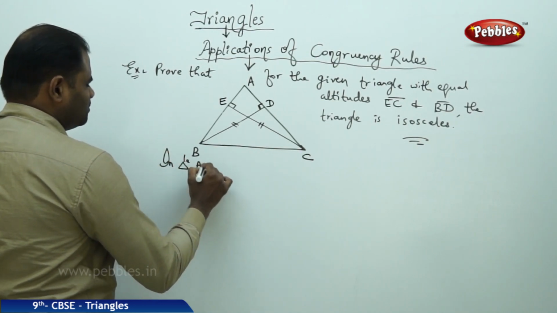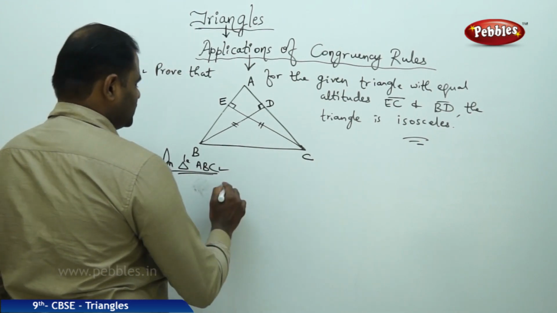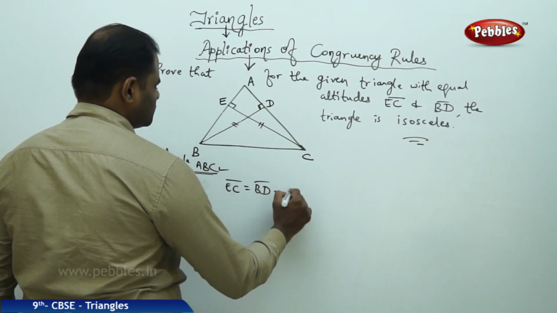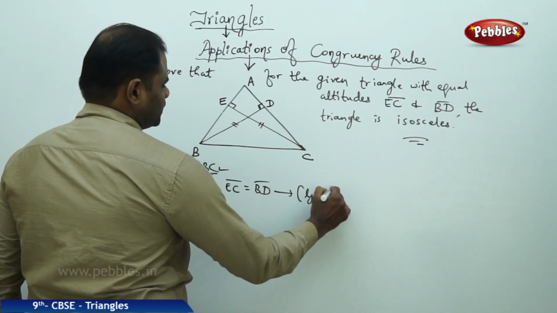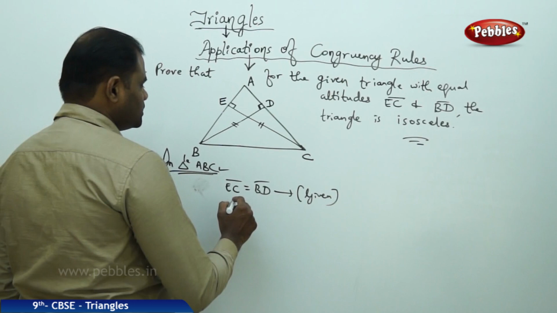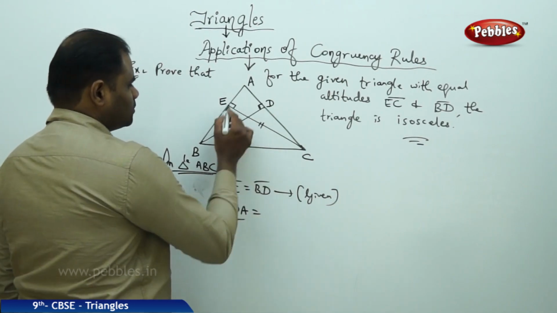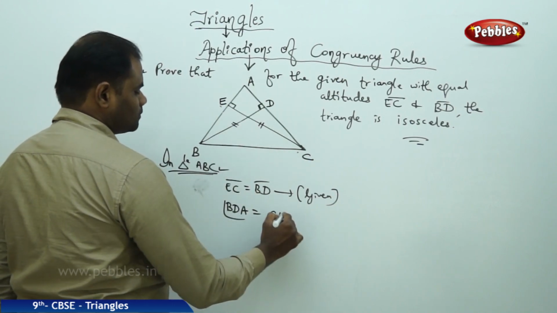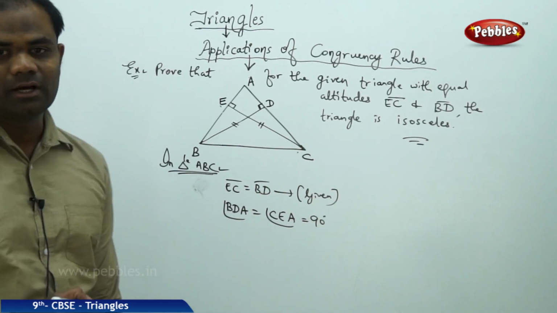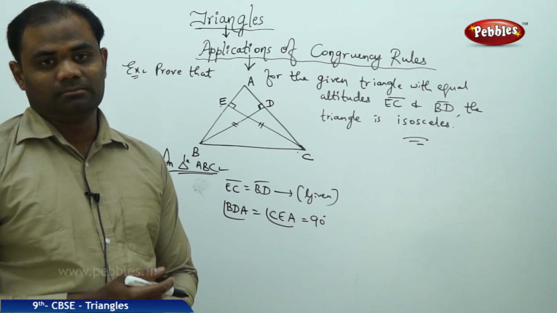In triangle ABC, it is given that the altitude EC equals BD, and angle BDA is equal to CEA, which is 90 degrees. That is how we have the two properties connected with the given problem.